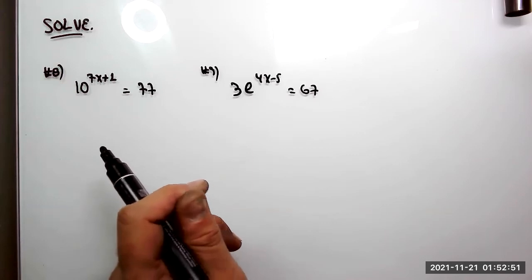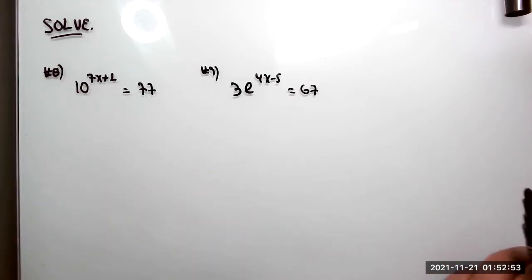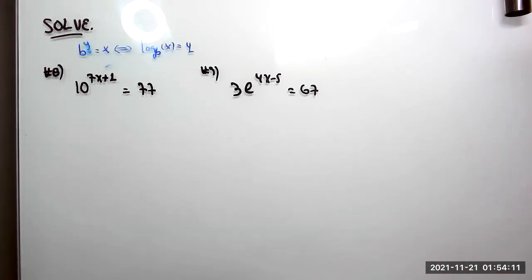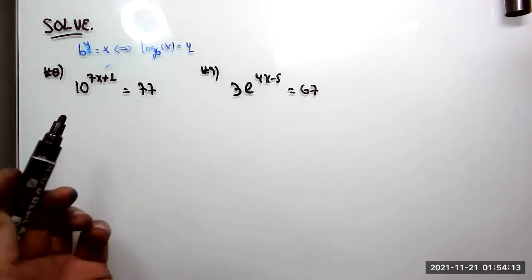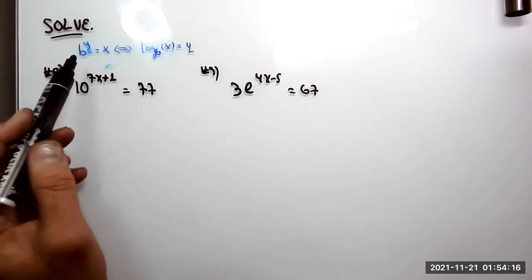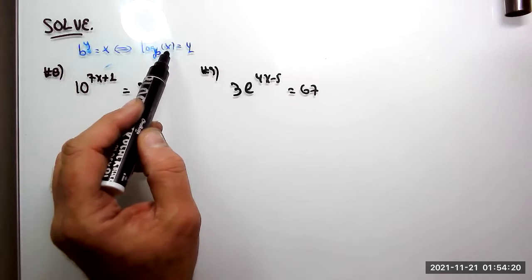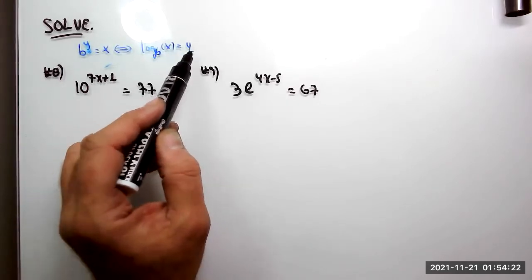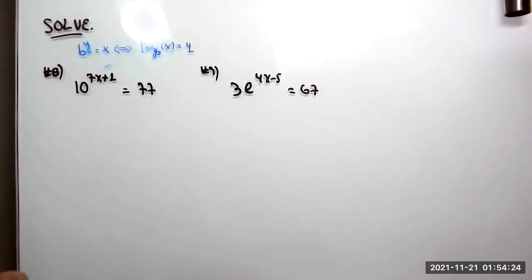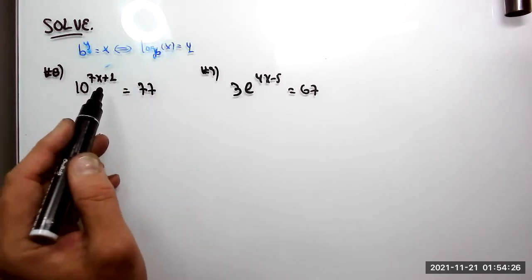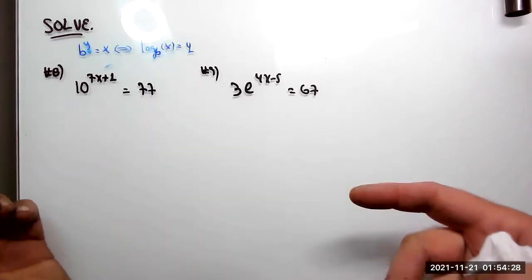So we need to use the log. What is the relationship between log and exponential? Since they are inverses, log base b of x equals y only if b to the y equals x. The log is just the exponent.